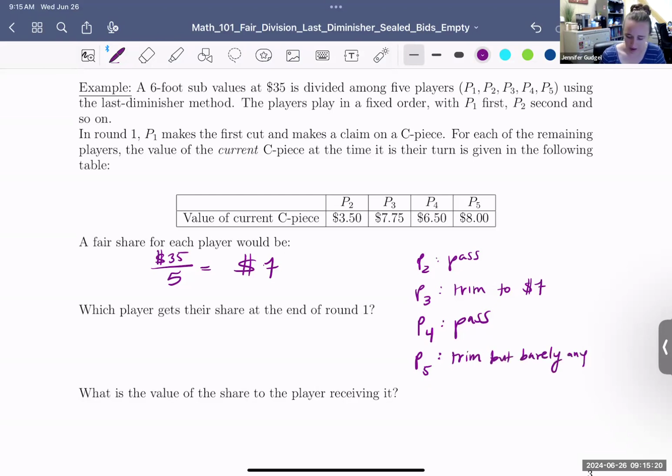And the reason this is allowed, think about this situation. If you were with friends and you were doing this process physically in front of everyone, you don't have to say out loud, oh, I'm not trimming down to what I think is a fair share. But if every single person down the line has either trimmed to their minimum or passed, they're not going to be upset that you're taking the smallest possible piece, because it's going to start back over and the people who had trimmed previously are going to be able to do it again.